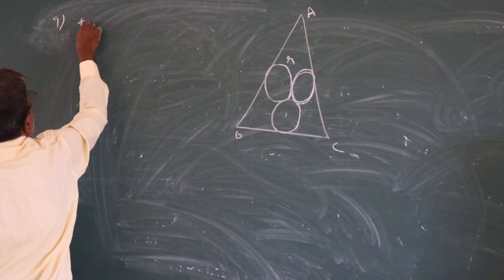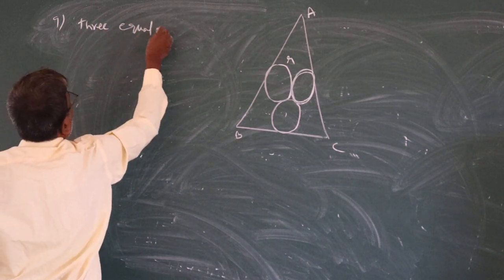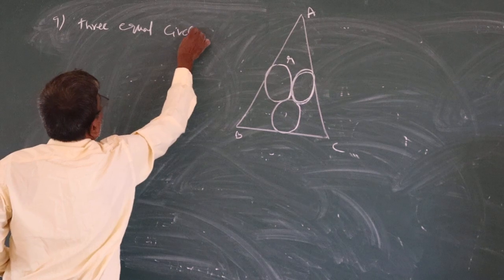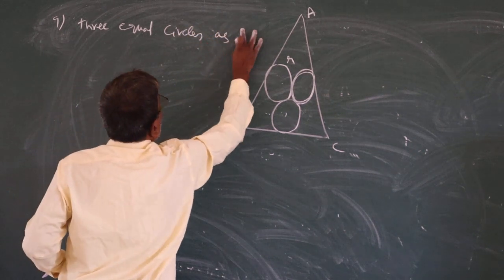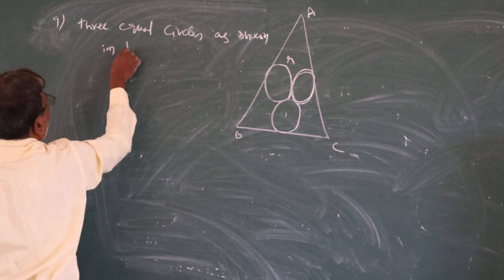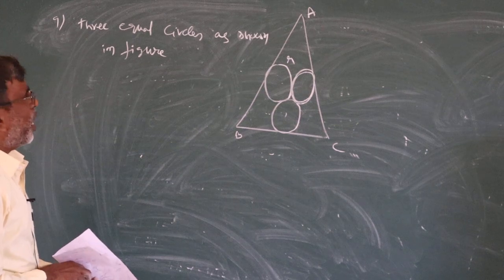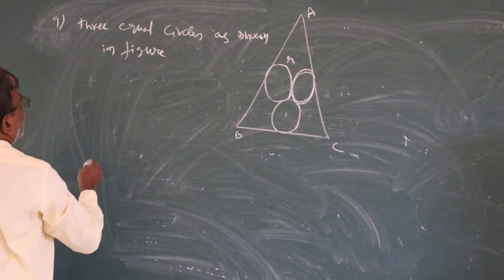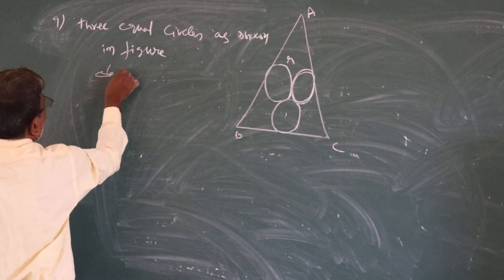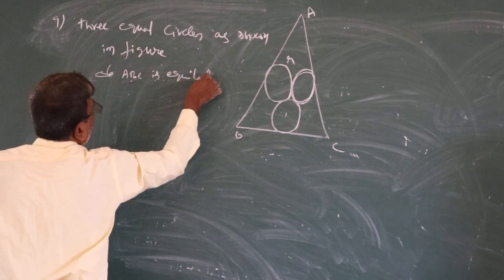Three equal circles as shown in the figure. Then triangle ABC is equilateral.